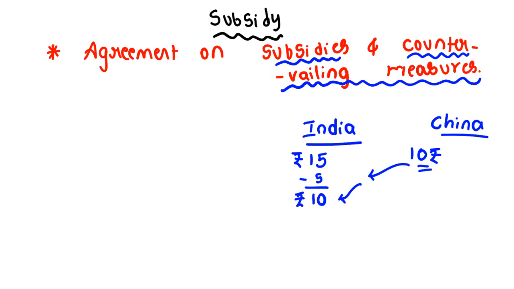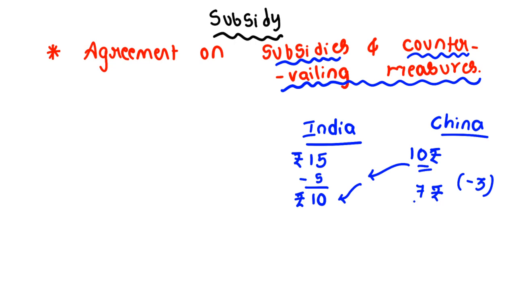Then, China might give extra benefits to this product and it may come down to somewhere around 7 rupees. So here China is intentionally giving a 3 rupee benefit to destroy the market of India. If India finds this, it starts adding some extra duty.